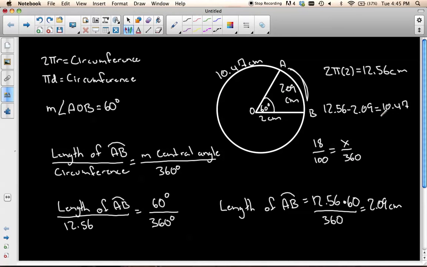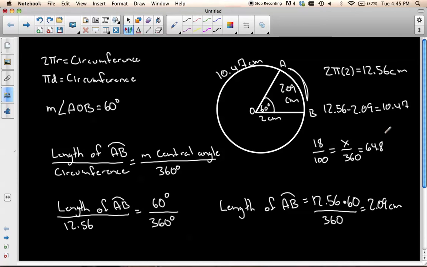If you were trying to figure out a circle graph, you'd go 18 times 360, and then divide the whole thing by 100, and you'd figure out that 18% would make up 64.8 degrees. It's the same thing all the way through.